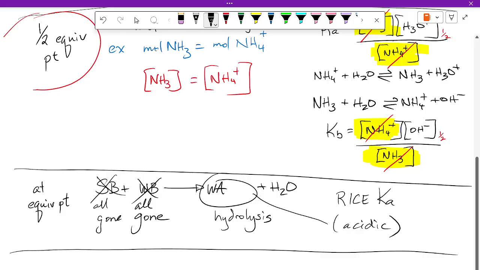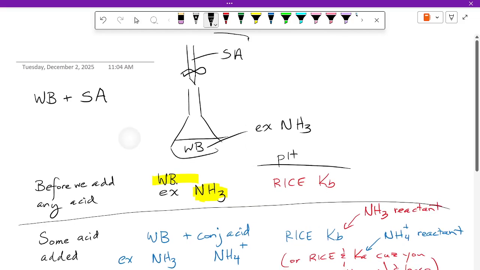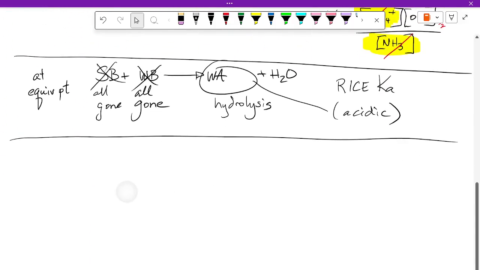And then my favorite one, after the equivalence point, we stop worrying about all this nonsense and we just say it's just the excess strong acid. Yes? Which is so much less work. There's no Kas, there's no Kbs, there's no nothing. Okay?